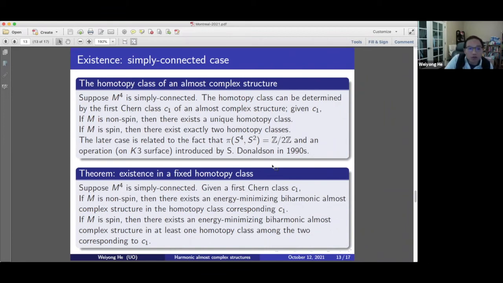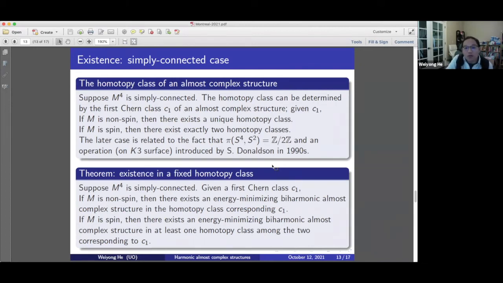First of all, we can talk about the energy minimizing case with the homotopy class of an almost complex structure fixed. This homotopy class of an almost complex structure turns out to be quite delicate topologically. Since I do not understand it very well, I will assume this 4-manifold is simply connected, so that it will simplify the discussion a lot.